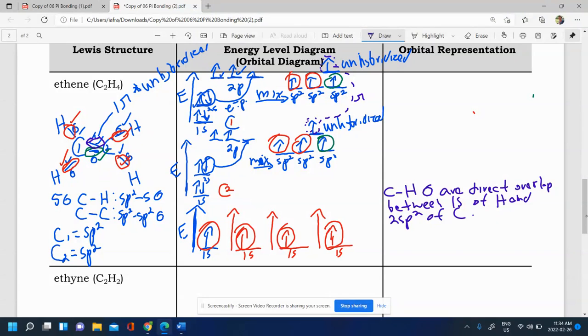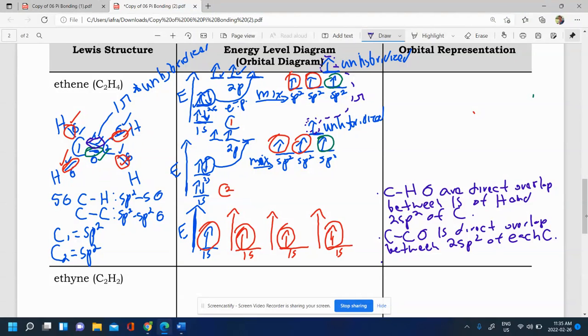And then we saw that the CC sigma bond is the direct overlap between 2sp2 of each carbon.